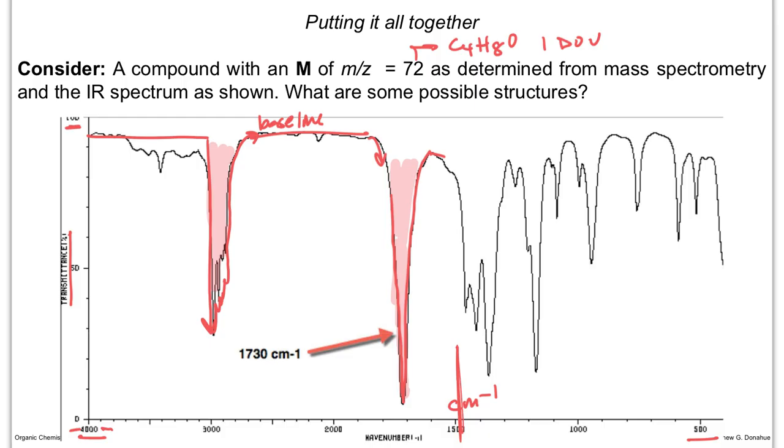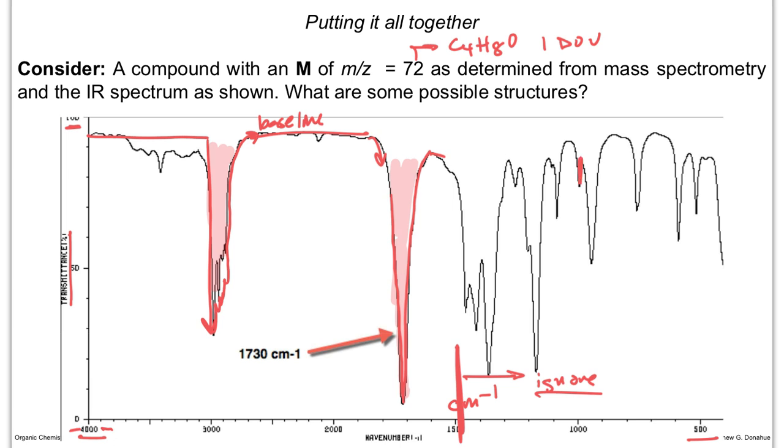And IR can get overwhelmingly complicated. So for this class, anything below that number here, 1500, I'm just going to tell you to ignore. We're not going to get into the weeds and say, okay, what is this little blip due to?